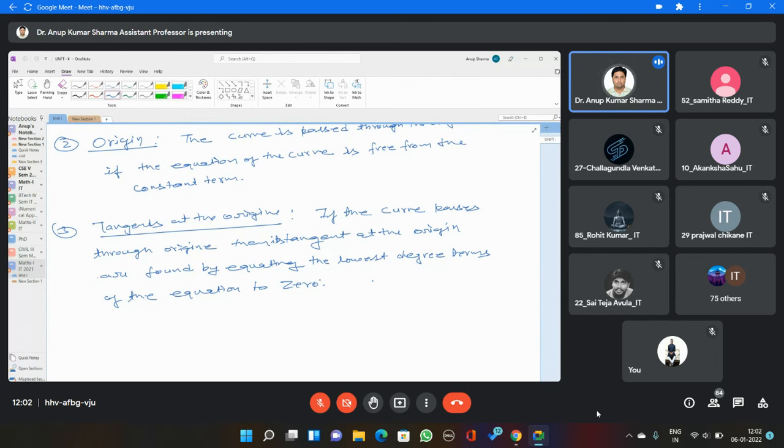That is called the isolated, or you can say the conjugate point. So all these points we find on the curve. This is some special characteristic or special behavior of the curve at this point.